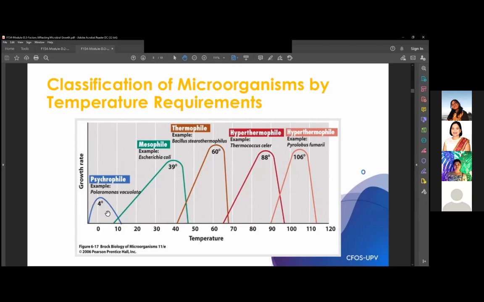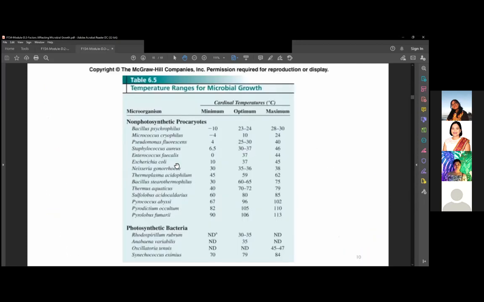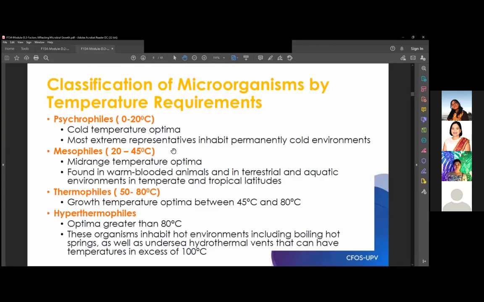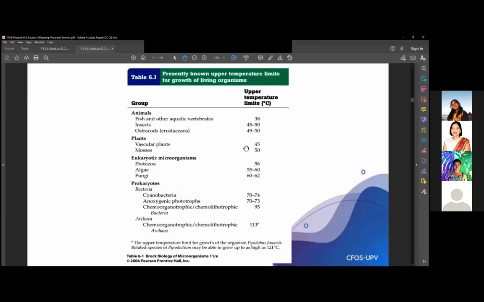We have the thermophiles, yung mga sa medyo warm, and the hyperthermophiles, yun yung mga nasa 80 degrees Celsius and up. Okay, next. Ayan, ito yung explanation, kaya basahin nyo yan. Next. Kasi ang dami pala, 61 slides ito.